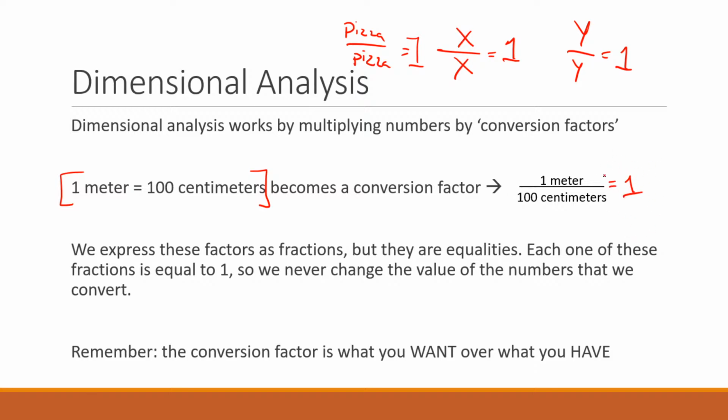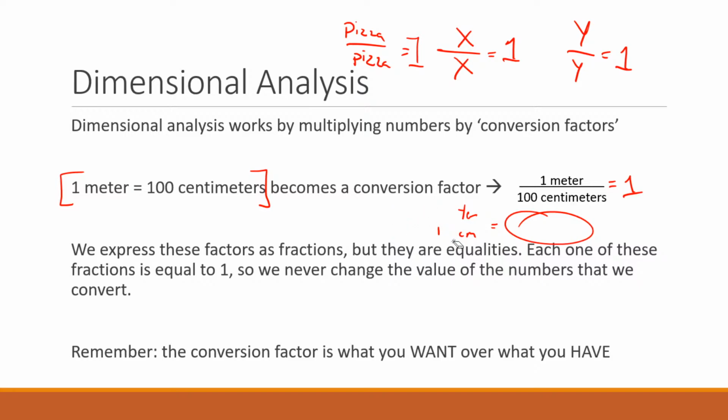The important thing about this is that you have something that will change units but not value. Let's say we have something that we're going to multiply by a conversion factor. Multiplying something by 1 doesn't change the value, it's just going to change the units. And that's what we want.